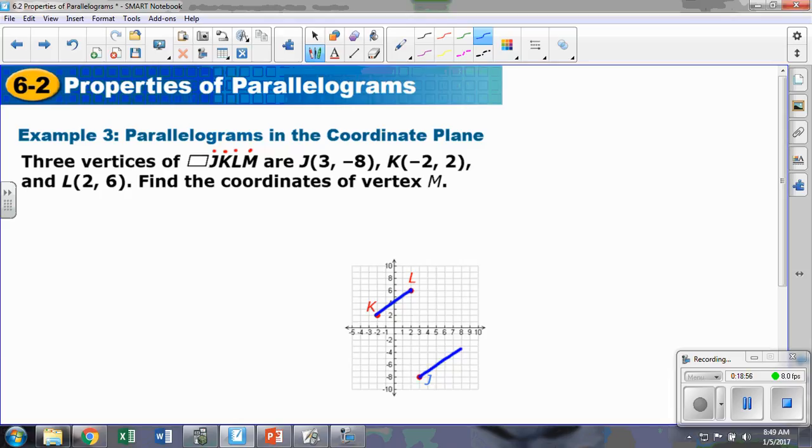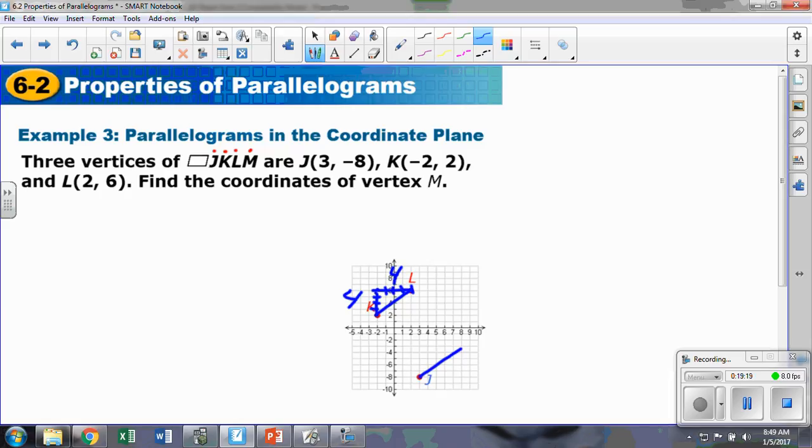In order to ensure that, we had a really quick shortcut: just count them. How far up, how far over. For this one, we're looking at 1, 2, 3, up 4. 1, 2, 3, right 4.